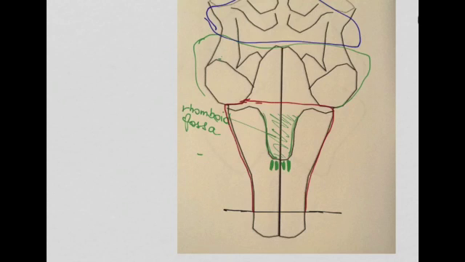As I mentioned, the rhomboid fossa is actually spread over the open medulla and continues in the pons. And it is named the rhomboid fossa because of its largely rhomboid shape.